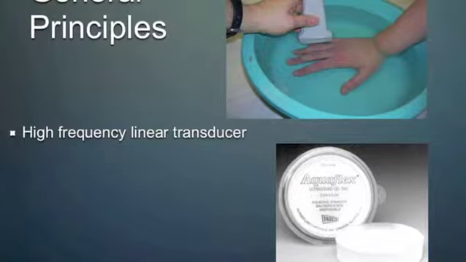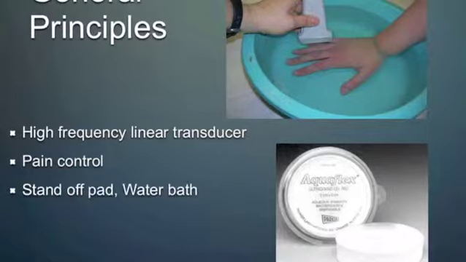the hand or the body part here seen in the water, and that's very helpful because, if you use cold water, it also helps with pain control, and you no longer have to press the transducer right onto the painful digit. We can stand away from it, and also you could use a standoff pad such as the one you see here.